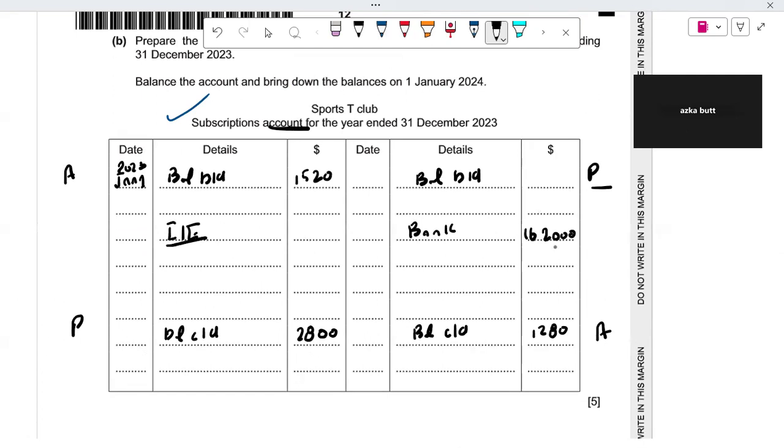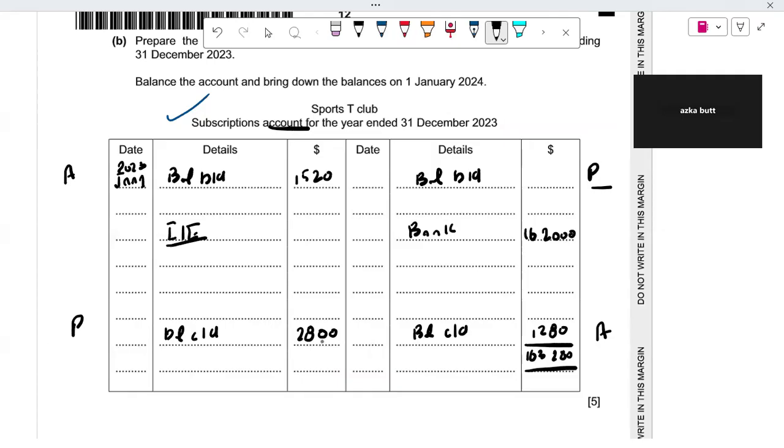So now what we can do, we will add the credit side and we will deduct the debit side from it, because credit side is the heavy side. 162,000 plus 1280. Okay, so this is equal to 163,280. So now deduct the 1520 and 2800 from here.